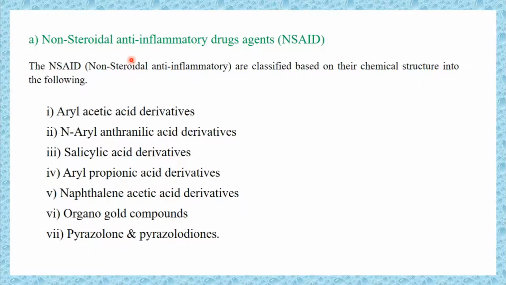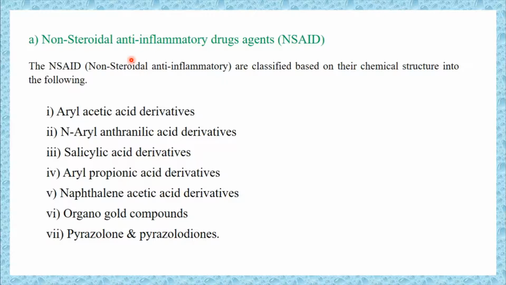The steroidal anti-inflammatory agents have several adverse side effects. Hence, they are more or less replaced by non-steroidal anti-inflammatory agents, that is NSAIDs. These drugs are mainly used in the treatment of rheumatic fever, rheumatoid arthritis, ankylosing spondylitis, gout, and osteoarthritis.